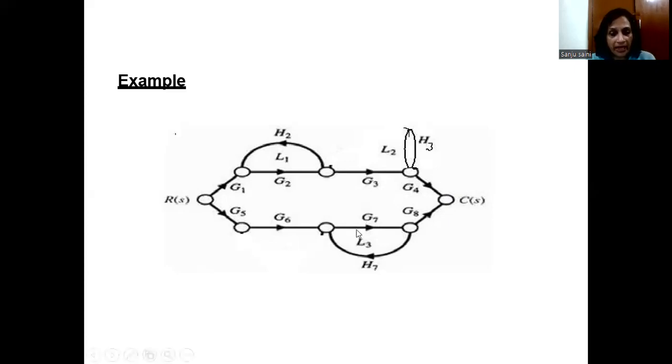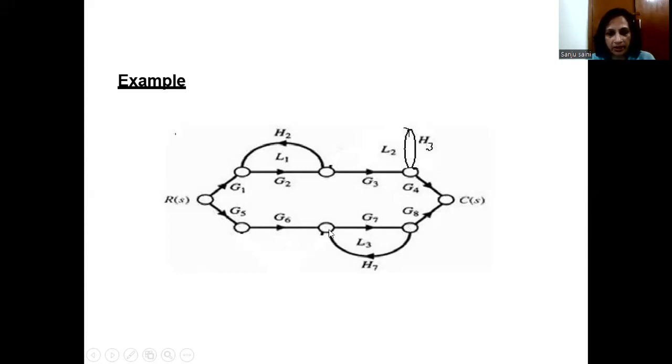Then while defining the forward path, we have to take into account that no node should be traveled more than once. So like if I say this is the path from RS to CS, having this branch, then a gain equal to G6, a gain equal to G7, then a gain equal to H7, then G7, then G8.